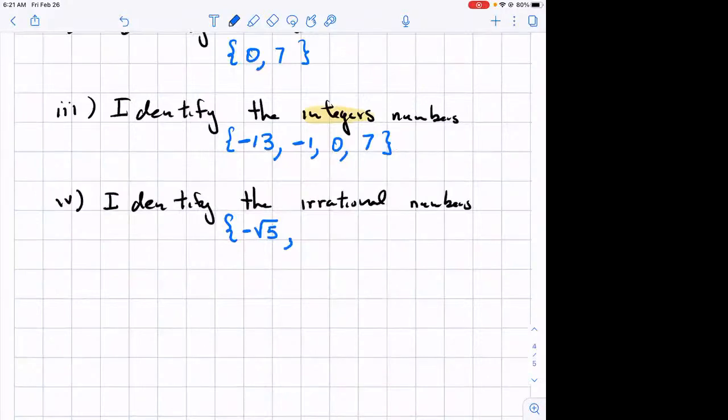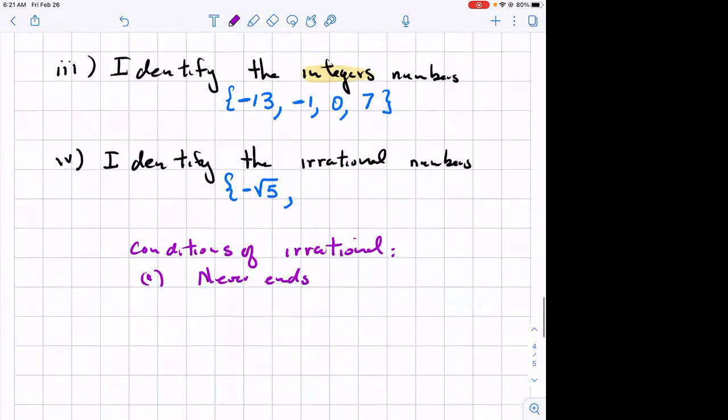Remember, there are 2 conditions for irrational. Condition 1: it never ends. Condition 2: digits do not repeat consecutively.